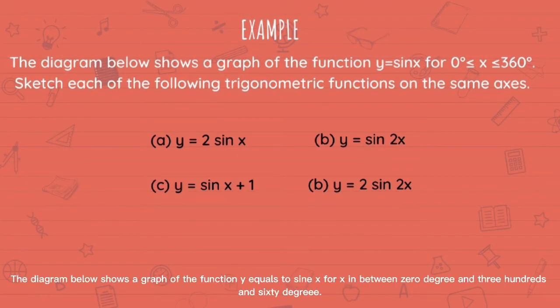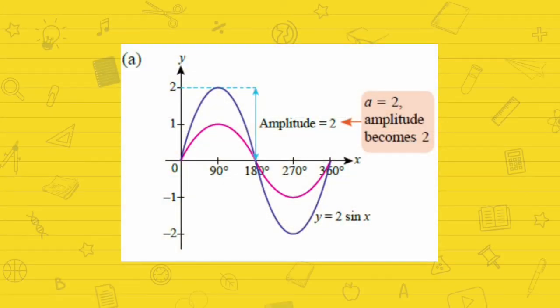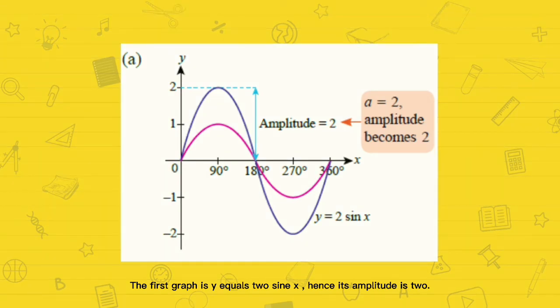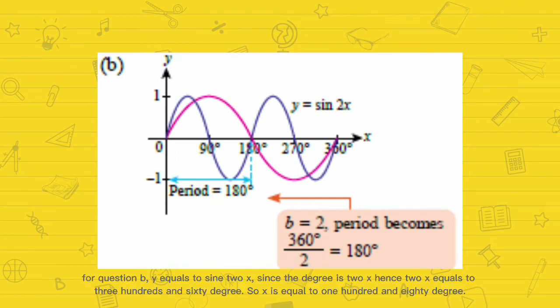The diagram below shows a graph of the function y equals sine x for x between 0 degrees and 360 degrees. The first graph is y equals 2 sine x, hence its amplitude is 2. For question B, y equals sine 2x.